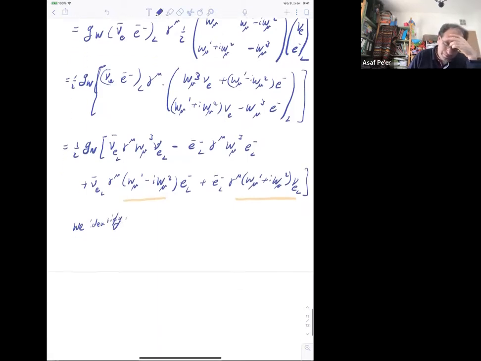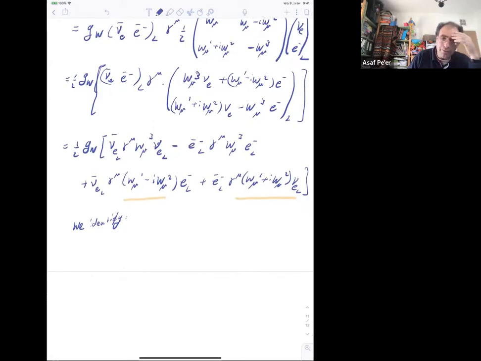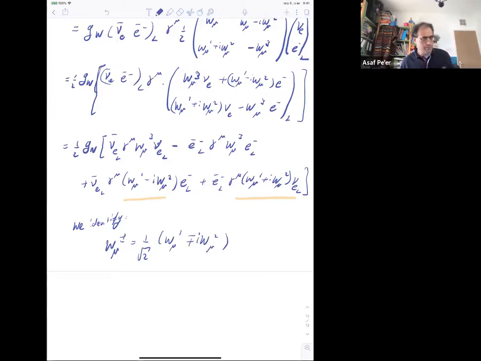The linear combination W mu plus minus is 1 over square root of 2, W mu 1 minus plus W mu 2. And these would be the particles that are responsible for the interaction between the left-handed electron and the left-handed neutrino and vice versa.